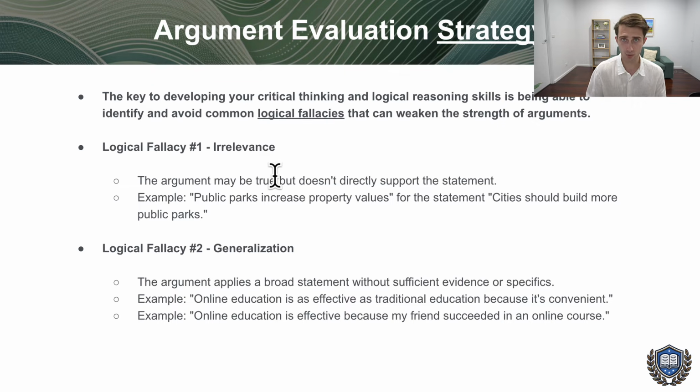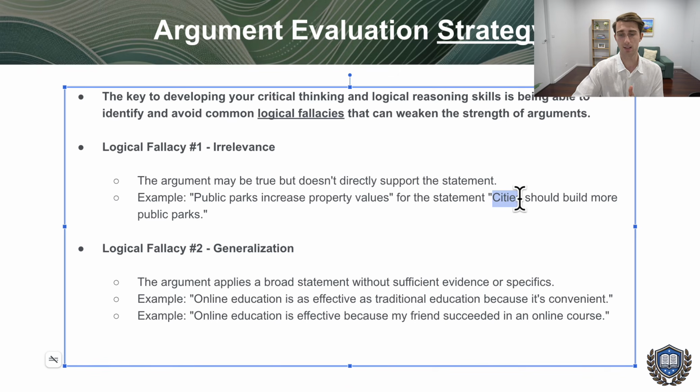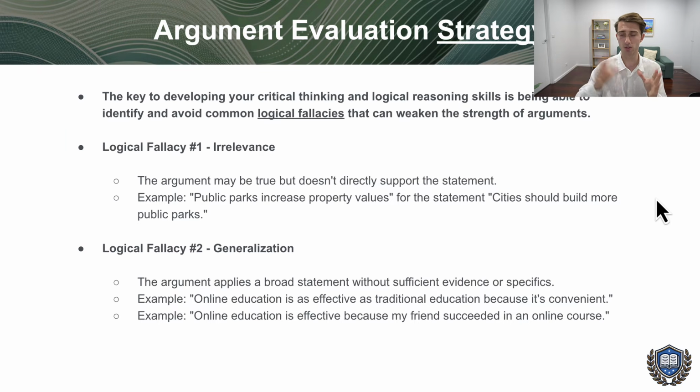So the first trick that they often do is they'll put an irrelevant statement. For example, public parks increase property values, for the statement, cities should build more public parks. Now the fact that public parks increase property values doesn't really impact the fact that cities should build them. The city's decision to build them or not isn't really linked to private owners' property values.